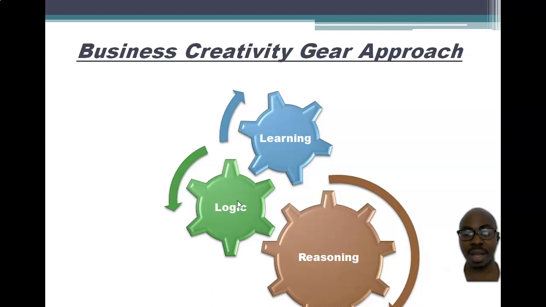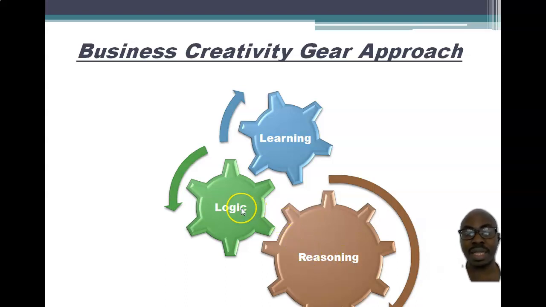Aside from that, we have reasoning, which has to do with the part where you carve out your own model in such a way that it will be able to penetrate the existing market. If you've not taken note of the various models which the companies in your industry are implementing, it might be a bit challenging to see how best you can come up with a unique model that will penetrate the existing market.